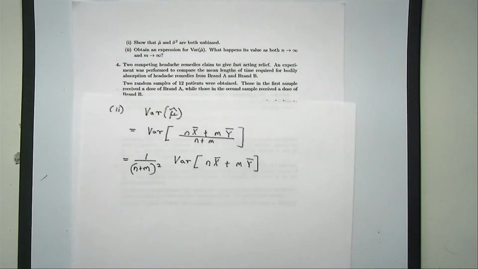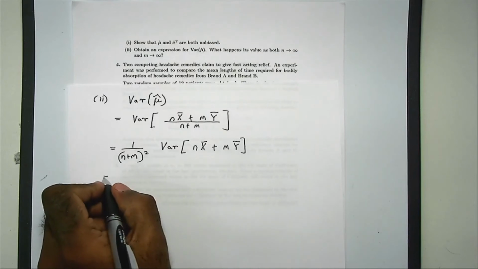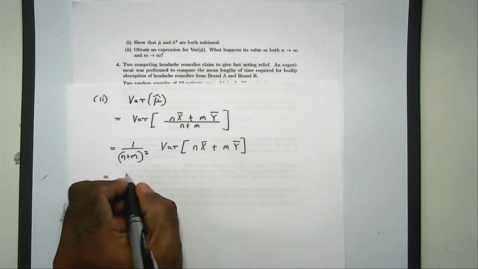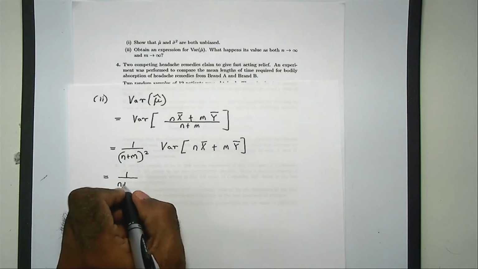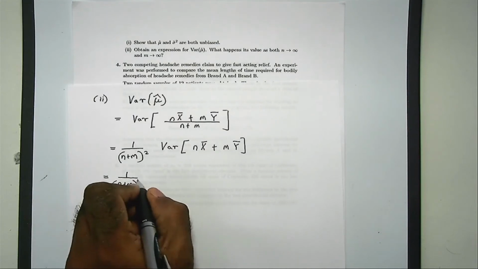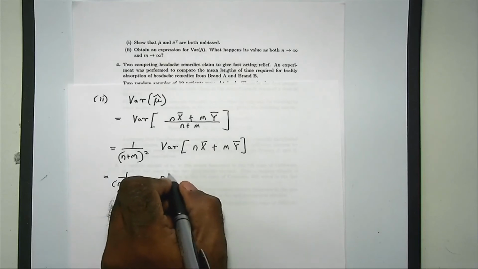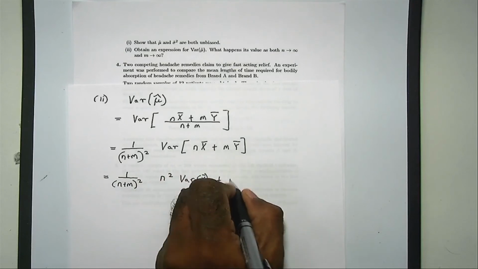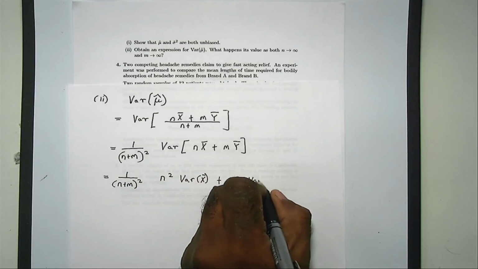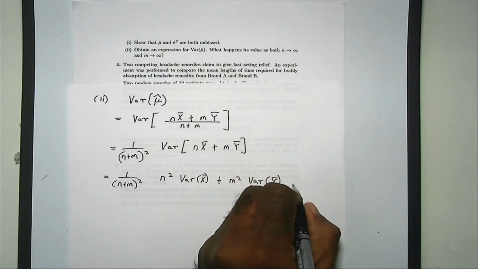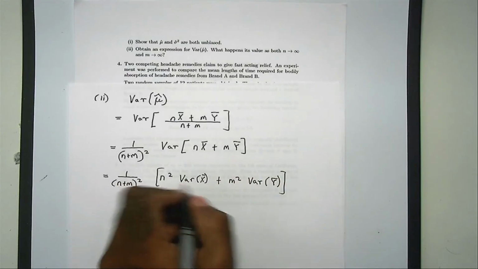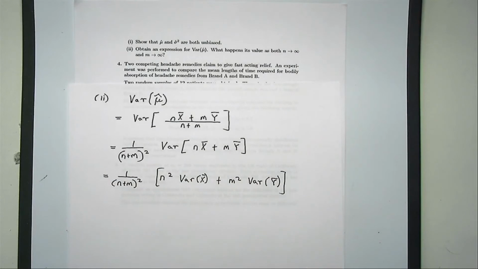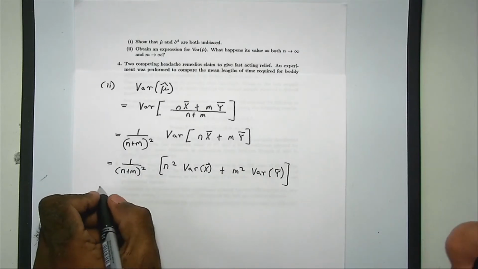Okay, so this will become n squared times the variance of x bar plus m squared times the variance of y bar. Now, the variance of x bar and y bar are easy to work out. I think I did this some time ago, can't remember when, but if you want I can do them again.